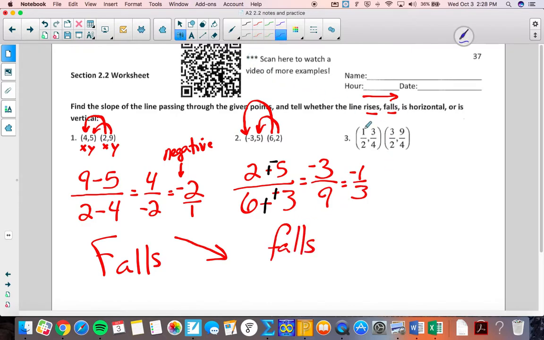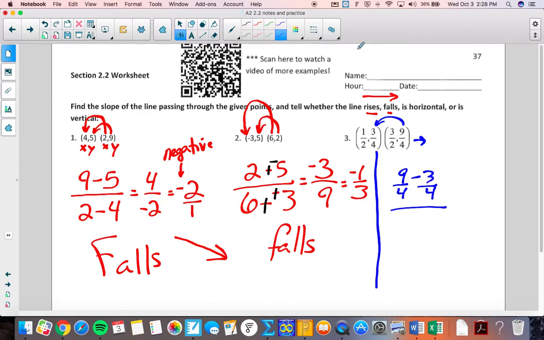Let's switch colors. Here I'm going to rewrite this. I realize that I'm going to have to do some subtracting, and when you subtract fractions you have to have a common denominator. So on top, I'm going to have 9/4 minus 3/4.